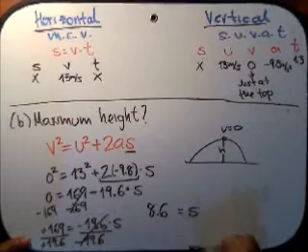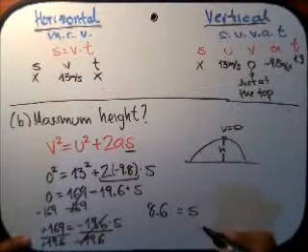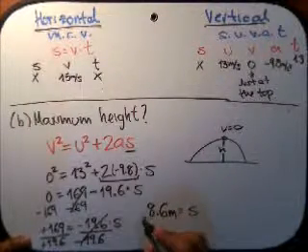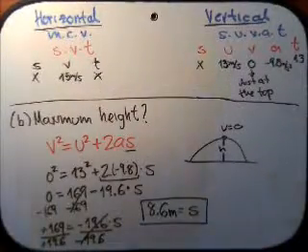And what are the units of the displacement? You have 3 seconds to remember. 1, 2, and 3, meters. Okay, so the displacement is 8.6 meters.